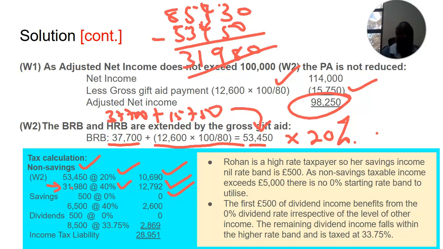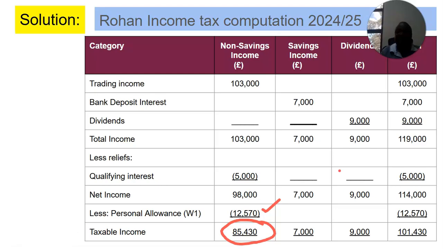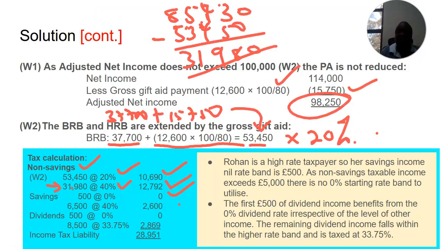And then the remainder, because the income was 7,000 and 500 is already gone, the balance is 6,500 at 40%. Why 40%? Because he is a higher rate taxpayer now, so we charge that one and get 2,600 as the tax. Remember, this is the tax column.